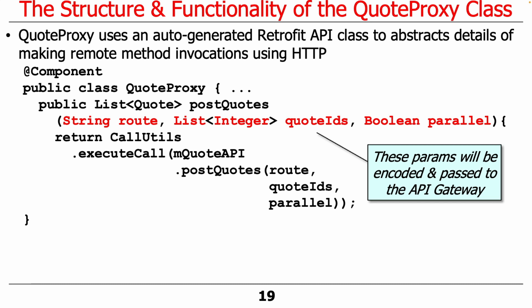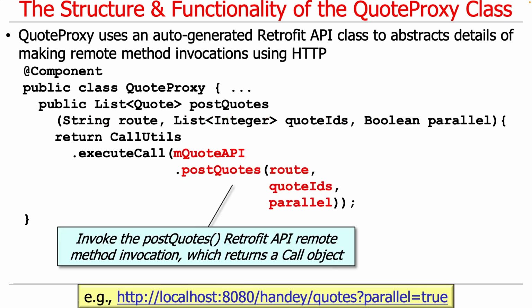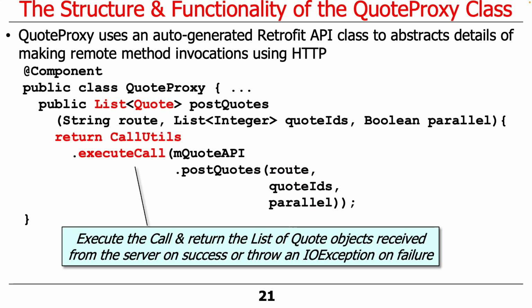Those will be encoded and passed to the API gateway. And here's the actual call being made. We're calling post quotes on the quote API. Remember, this is all the code that's generated automatically by Retrofit. Those are the parameters we're passing in, no real surprise. This returns a call object, and then we handle the call using this method.